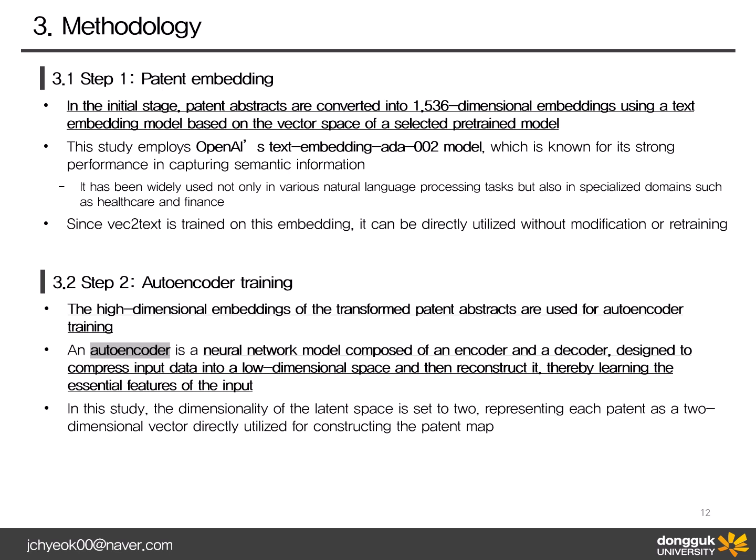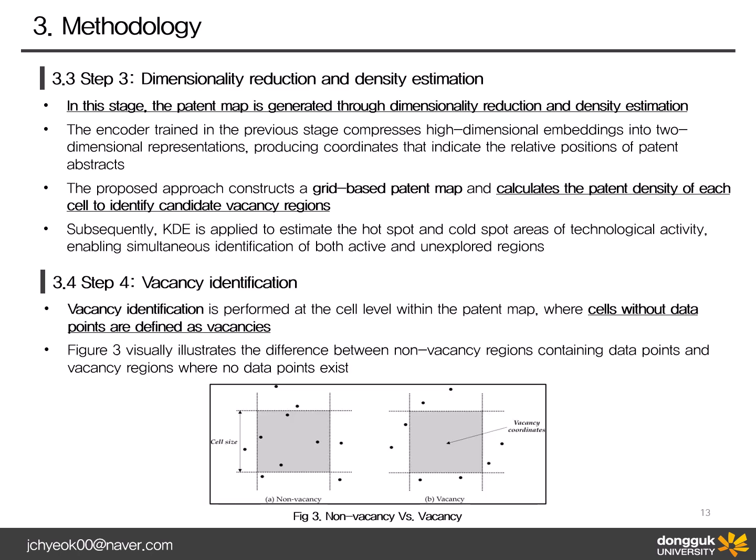Accordingly, in this study, the dimensionality of the latent space is set to 2, representing each patent as a two-dimensional vector, which is then utilized for constructing the patent map. In the third step, the patent map is generated through dimensionality reduction and density estimation.